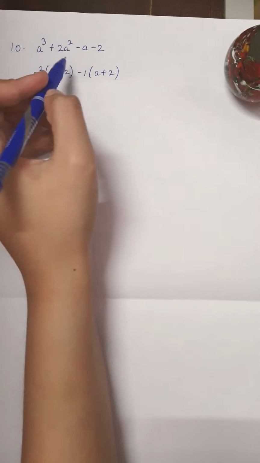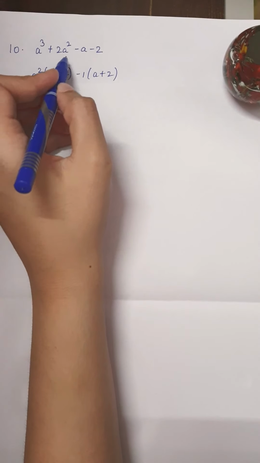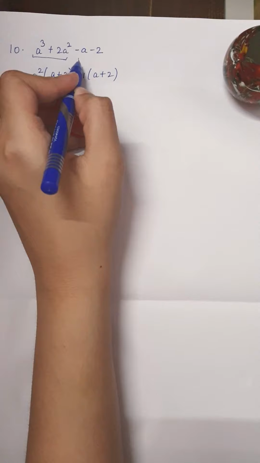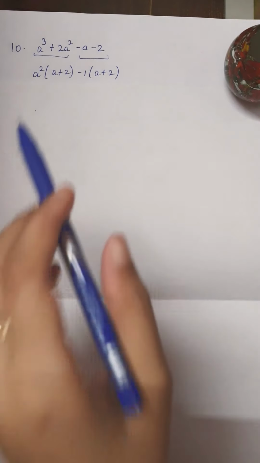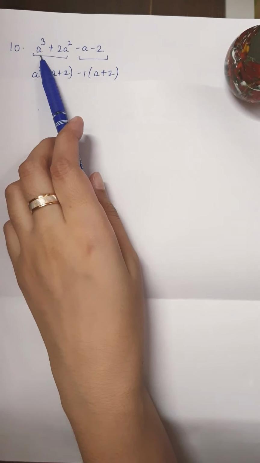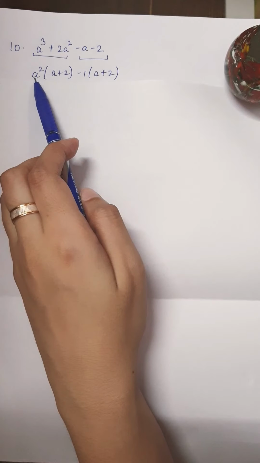Whenever we have 4 terms, generally what happens is we need to do grouping of 2 terms. So let's do with grouping. I have grouped the set of first 2 terms and the last 2 terms. From first 2 terms, minimum power should be common, so a square is common.